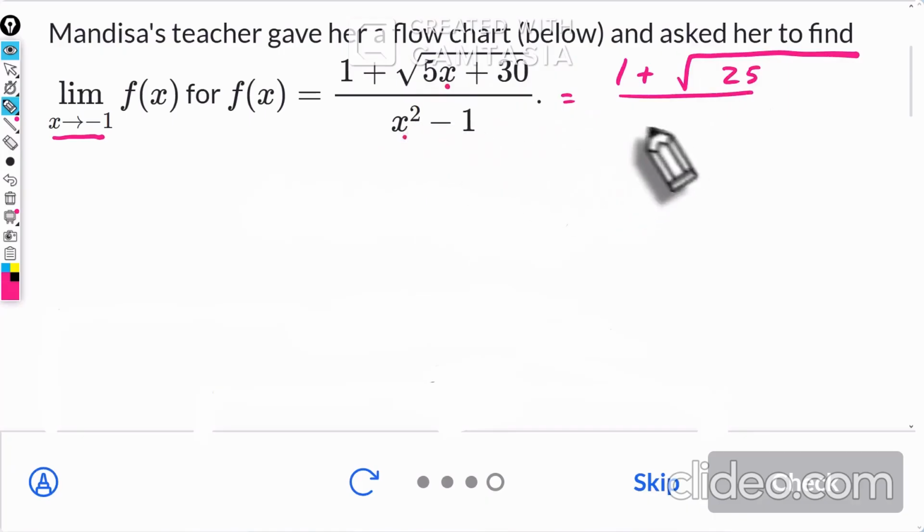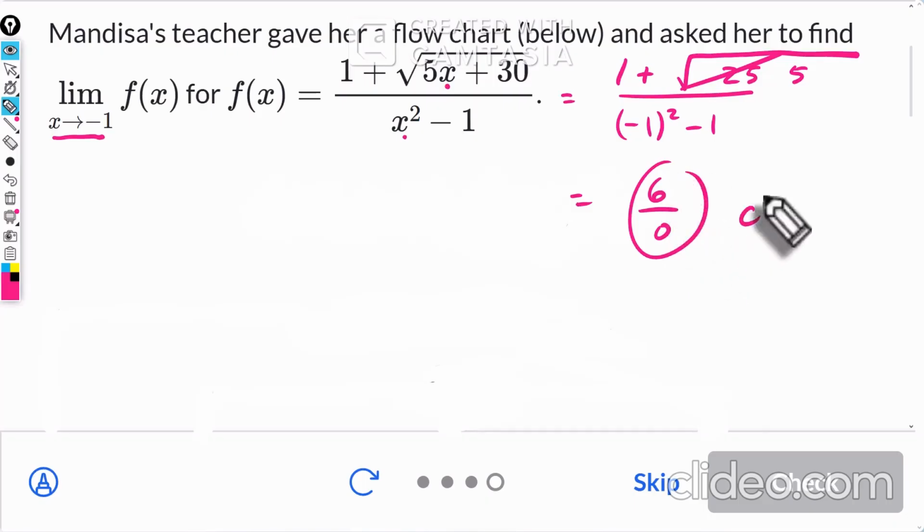Plug in -1 squared, minus 1. Okay, radical 25 is the same as 5. 1 plus 5 in the numerator is 6. -1 squared is 1, minus 1, that's 0. So that is a DNE, does not exist.